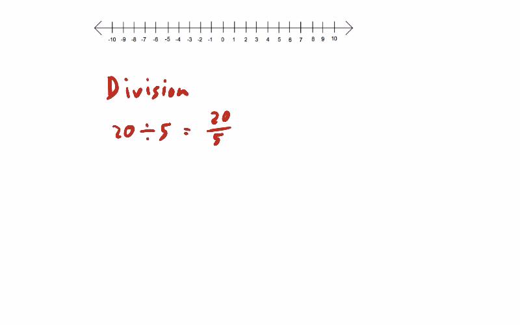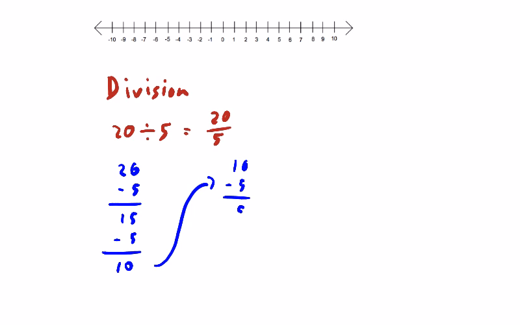What I can do to solve that problem is repeatedly subtract. I could take 20 minus 5 gives me 15. I could subtract 5 again and get 10. I could start with my 10 again, subtract 5 again, and I'm left with 5, and then subtract 5 again, and I'm down to 0.